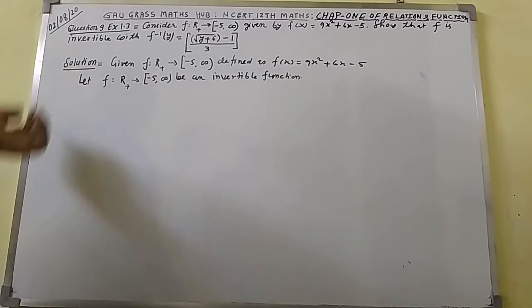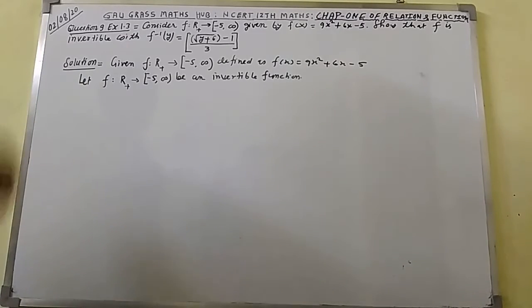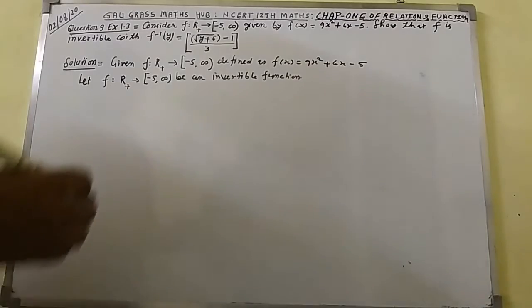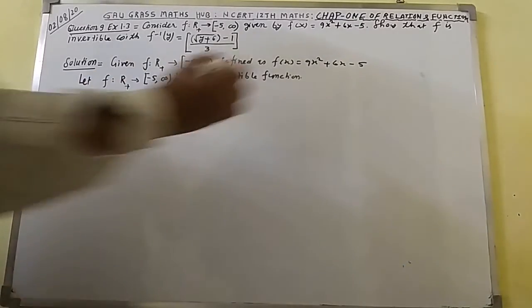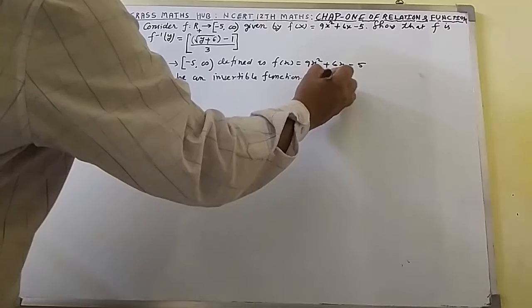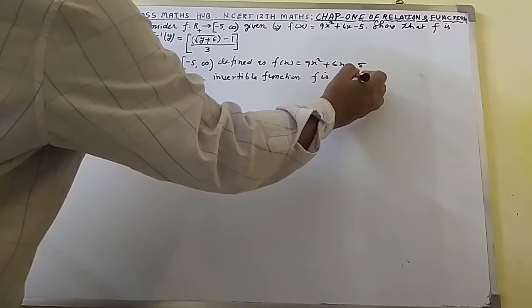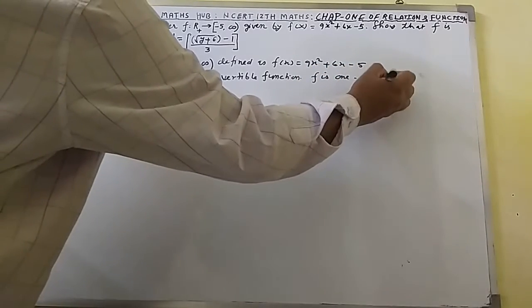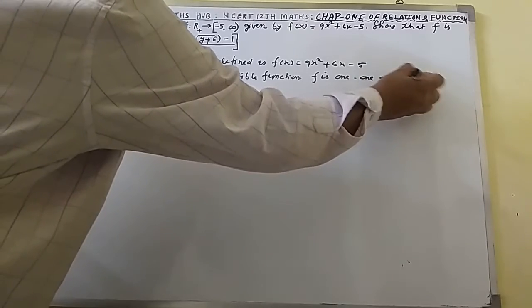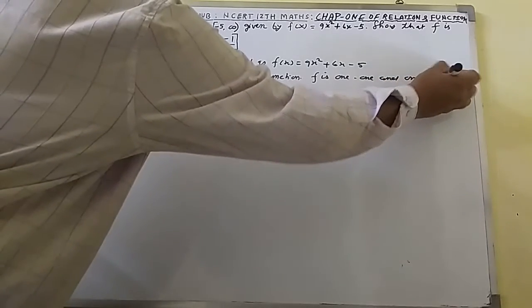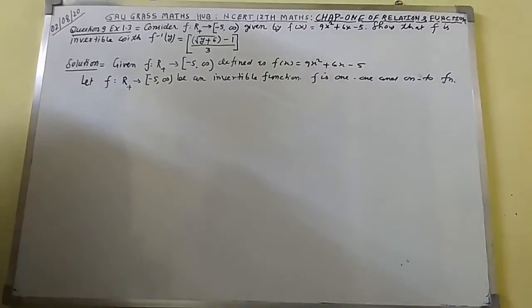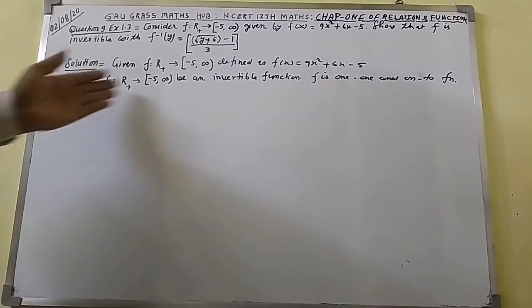But then this function will be one-one and onto. Let f be a one-one and onto function. For an invertible function, f must be one-one and onto.